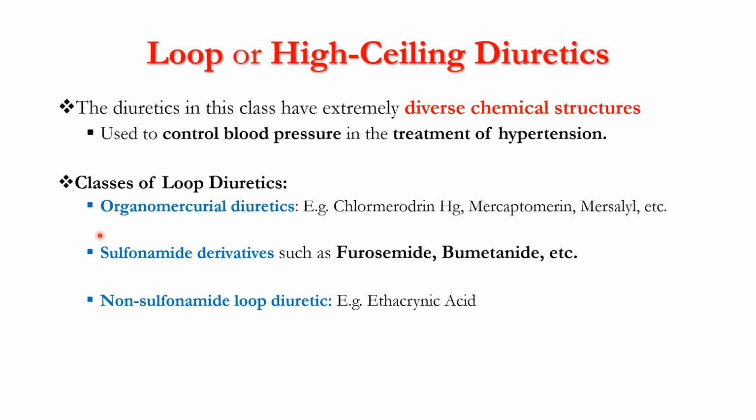We have organomercurial diuretics, sulfonamide derivatives, and non-sulfonamide loop diuretics. When we see the organomercurial diuretics, we have different kinds of drugs. Currently they are obsolete, so we'll discuss each of them in detail.